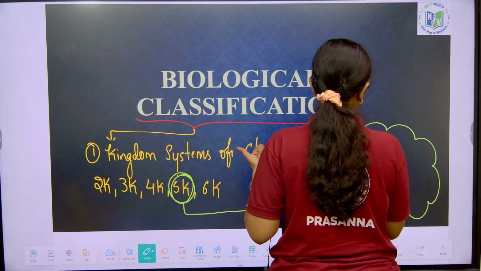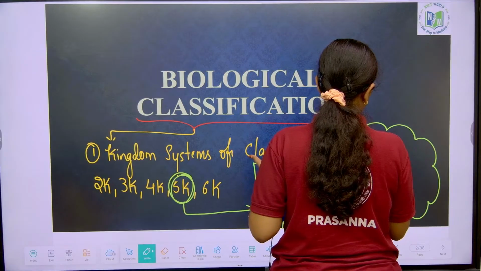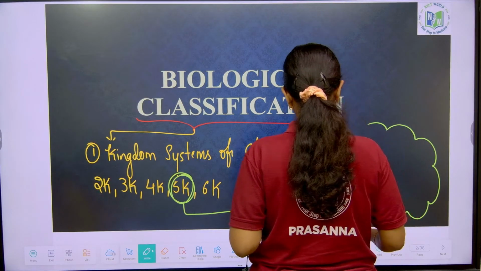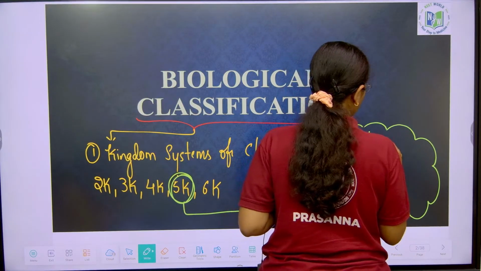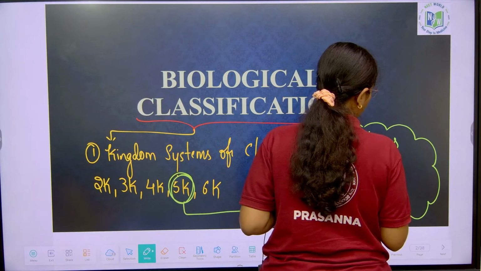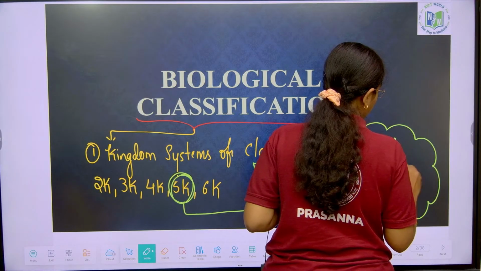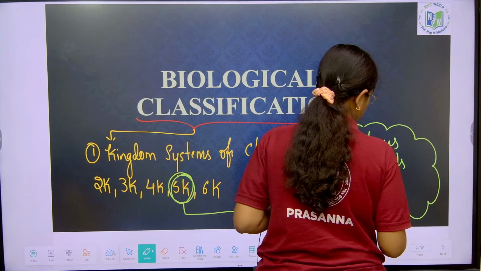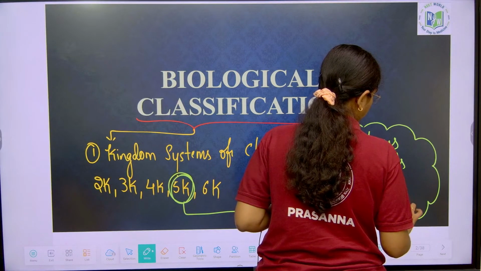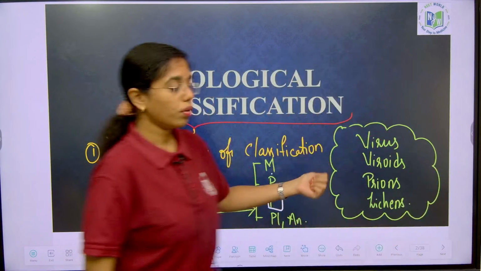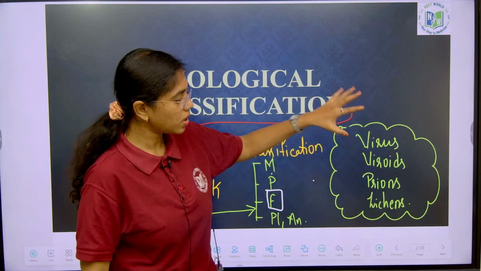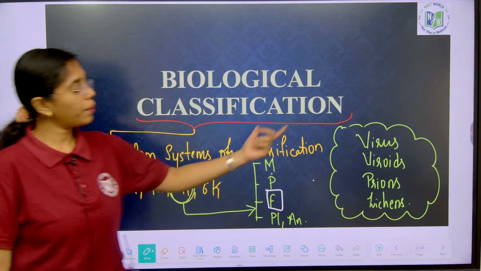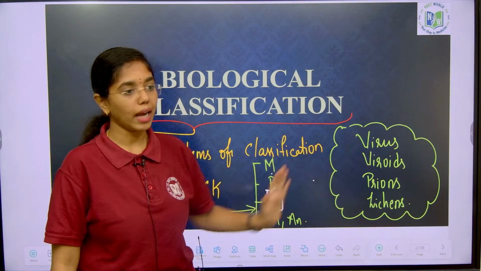Virus, viroids, prions, lichens. These are not included under the 5 kingdom system. About these organisms we will learn at the end.